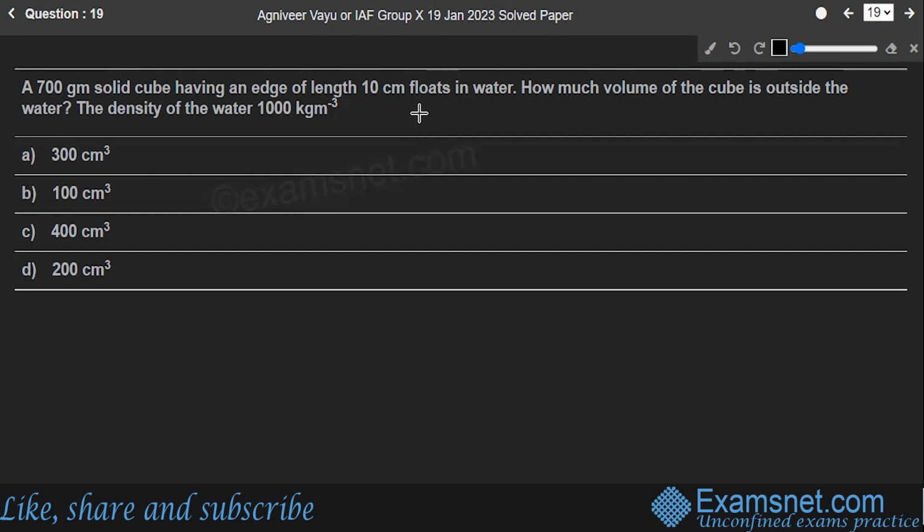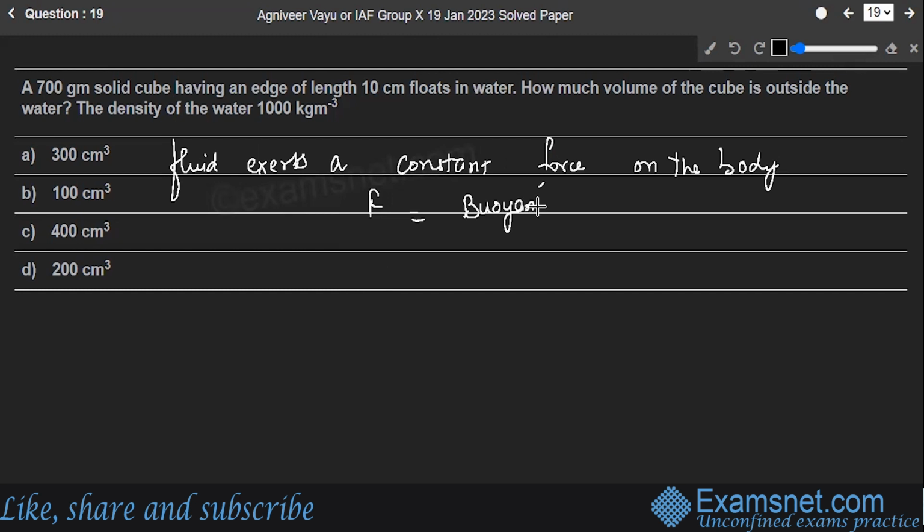It says when a body is fully or partially dipped in the fluid, the fluid exerts a contact force on the body. And the resultant of this contact force is known as buoyant force. Right? This acts vertically upwards, opposite to the weight of the body.